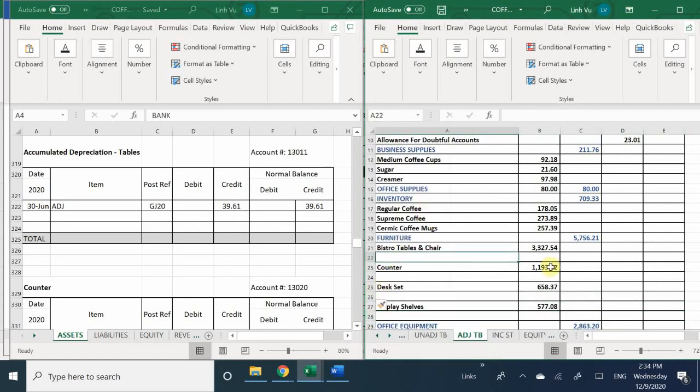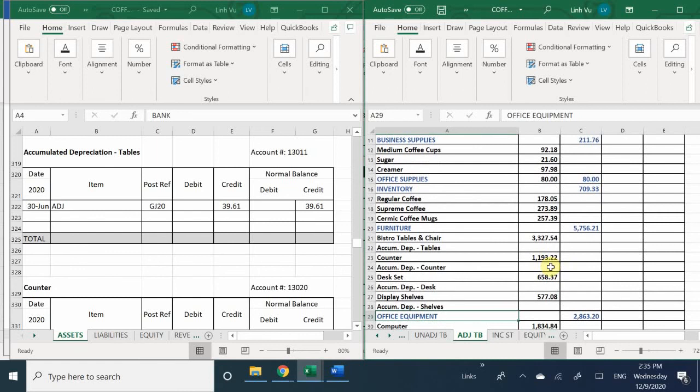Okay, and again, I'm going to use shortcuts for this: accum dep tables, accum dep counter, accum dep desk, and then accum dep shelves. Hold on, I'm still typing.